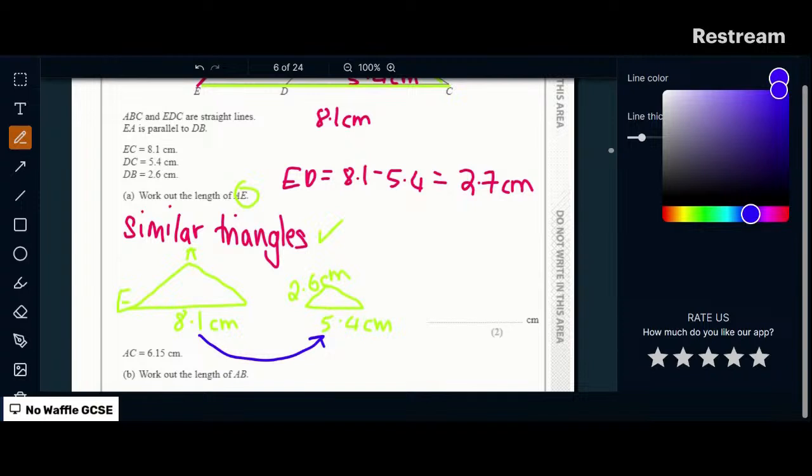So that is our scalar multiple. So we now know that this scalar multiple times by some variable equals 2.6, i.e. this length here, x, times by that scalar multiple equals 2.6. So you can then do 2.6 divided by this.